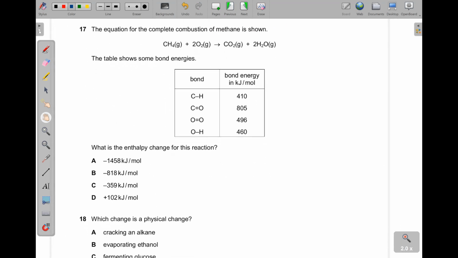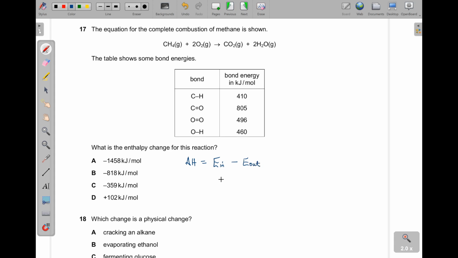Then 17. The equation for the complete combustion of methane is shown. It is here. The table shows some bond energies here. What is the enthalpy change of this reaction? So the enthalpy change, we denote it with dH, is equal to energy in minus energy out.